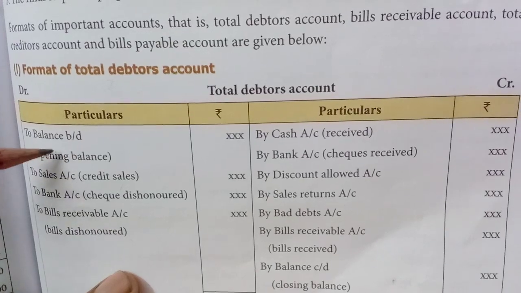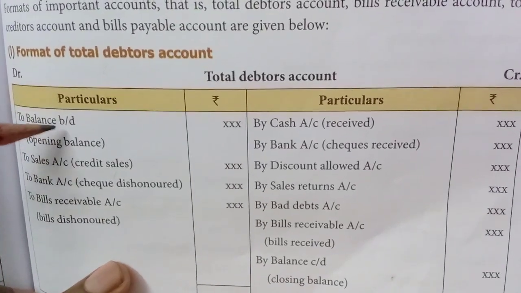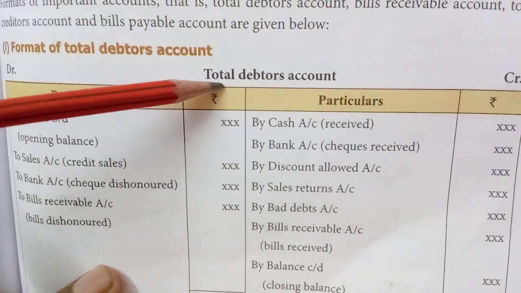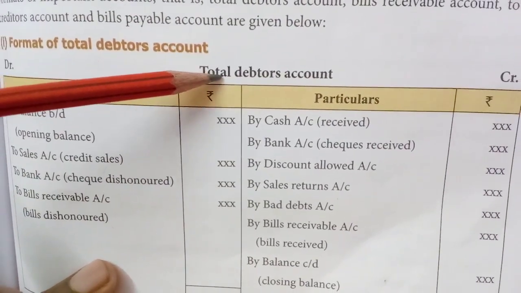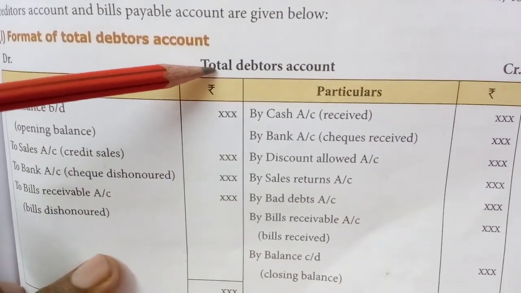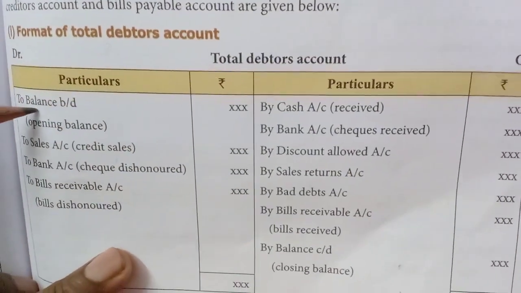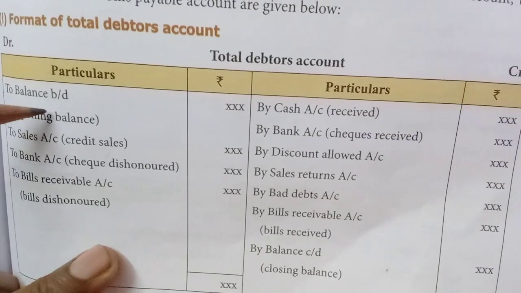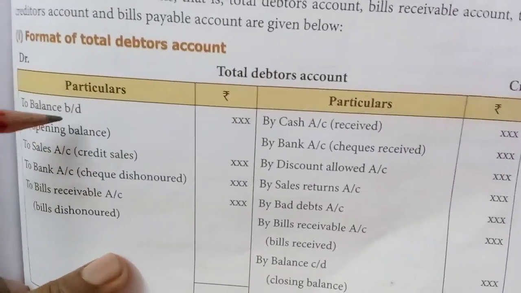First one, opening balance. We know the debtors account is an asset, and an asset shows a debit balance. So the opening balance will be on the debit side. To balance brought down you have to write.